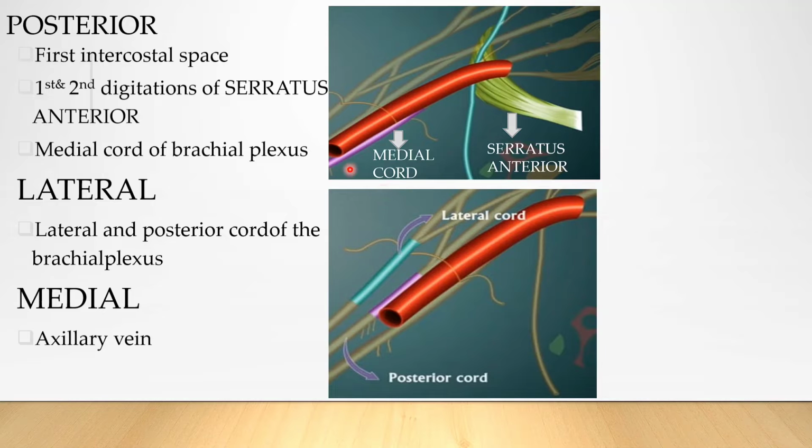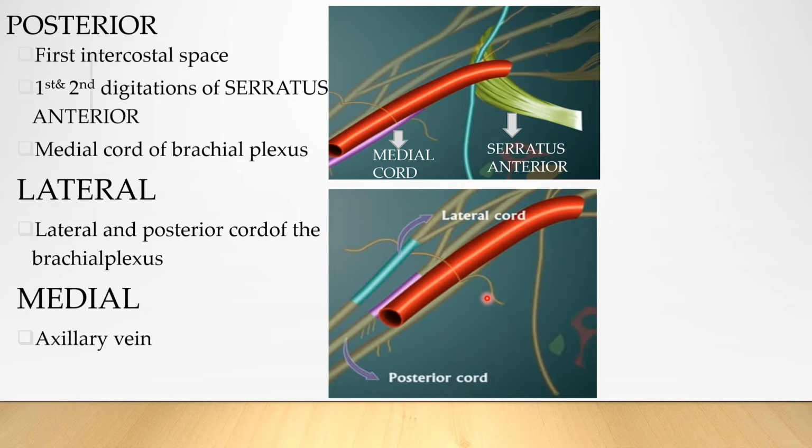For now, remember that posteriorly is the medial cord of brachial plexus and laterally the lateral and posterior cords. See in the third picture, this is the lateral cord, this is the posterior cord, which are lateral to the axillary artery, and this is the medial cord, which is posterior to the axillary artery, and this is the loop of communication between the lateral and medial pectoral nerves, which is anterior.